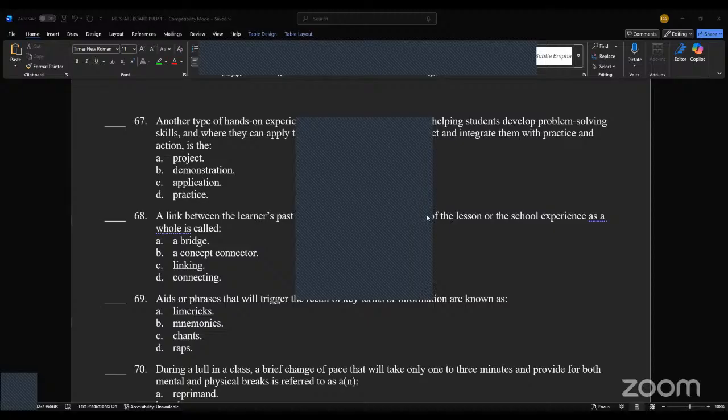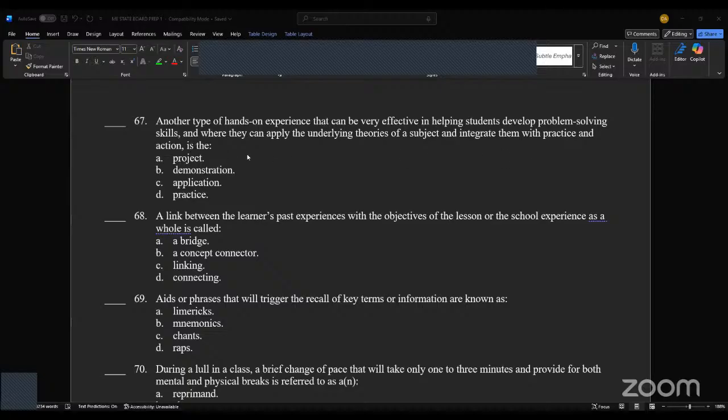67 is actually A. Let's look at it again and why it's not C. Okay, another type of hands-on experience that can be very effective in helping students develop problem-solving skills, and where they can apply the underlying theories of a subject and integrate them with practice and action.